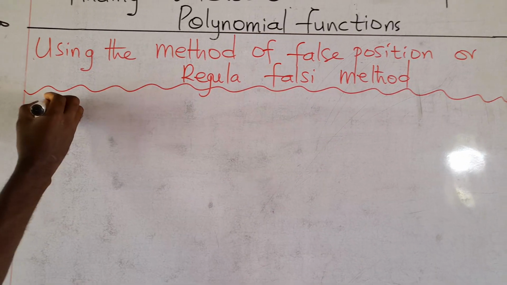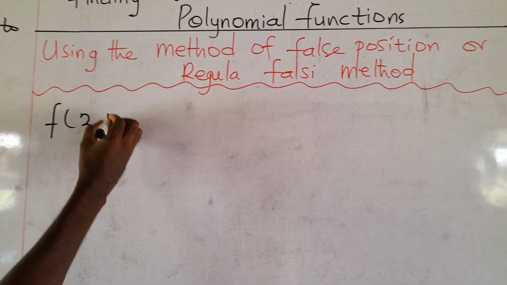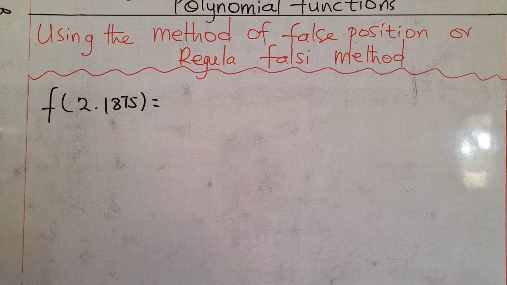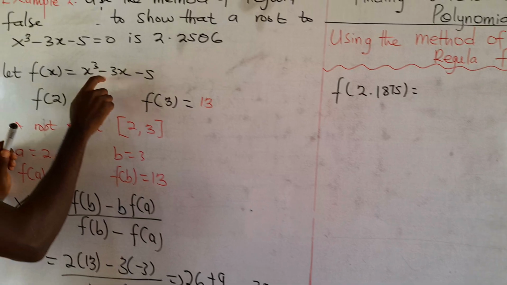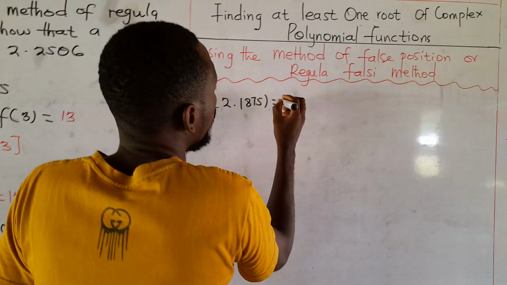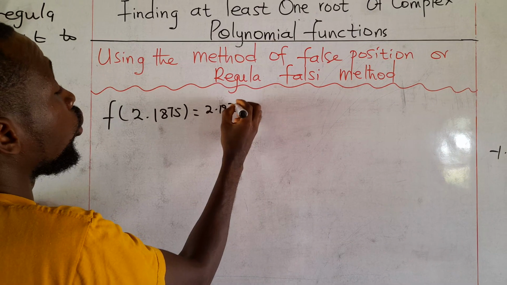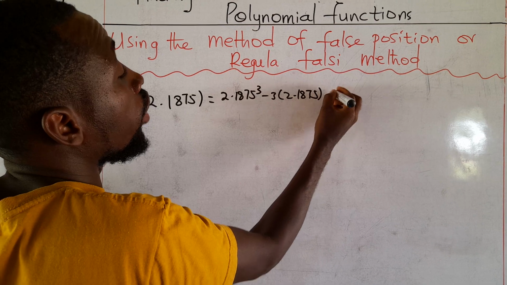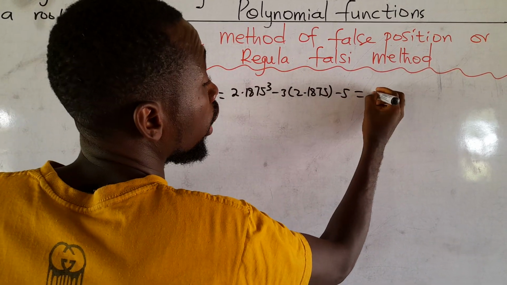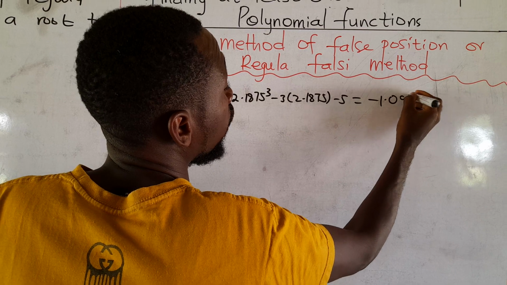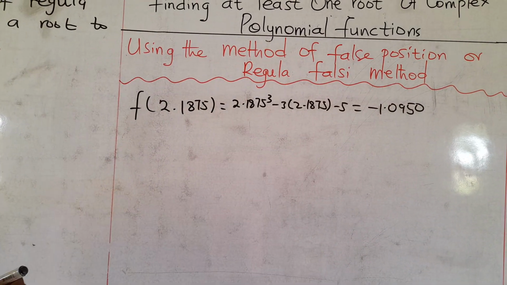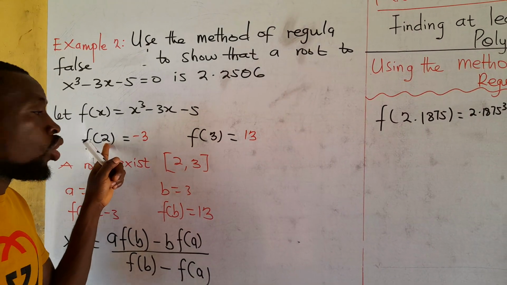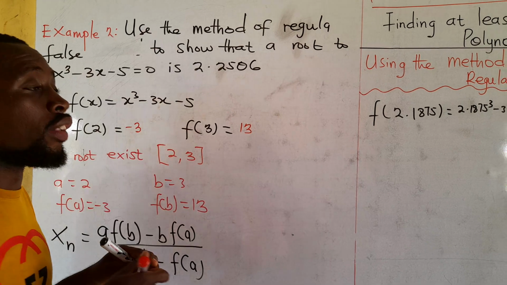So we find f of 2.1875. That means we substitute 2.1875 in place of x in f of x. So that will be 2.1875 cubed minus 3 times 2.1875, then minus 5. When we solve that, we'll get negative 1.0950. Since it produces a negative outcome, it will replace our former a, which is 2, which produced an initial negative outcome.